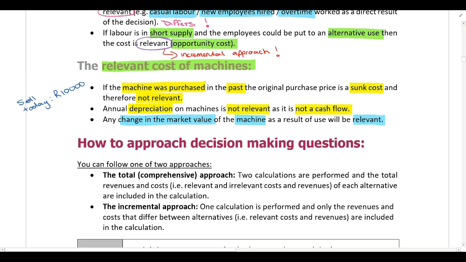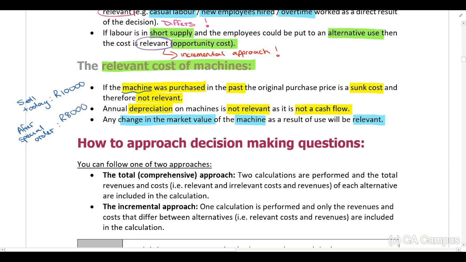However, they don't want to sell it today because they need to use this machine for the special order. So they want to keep the machine and use it for the special order. However, if they only sell it after the special order, then they'll only be able to sell it for 8,000 Rand.